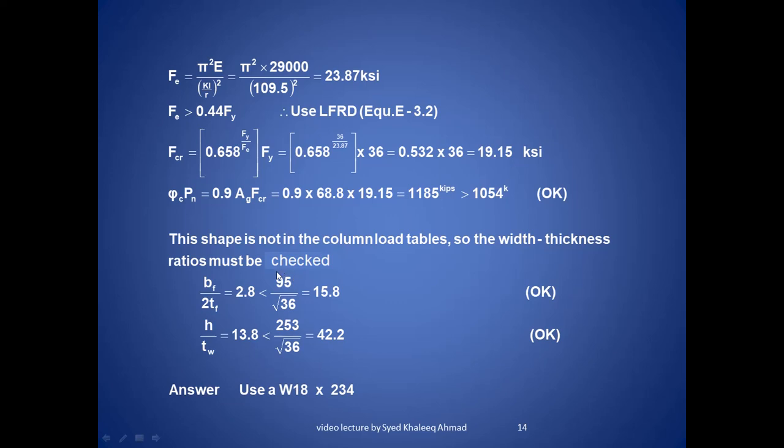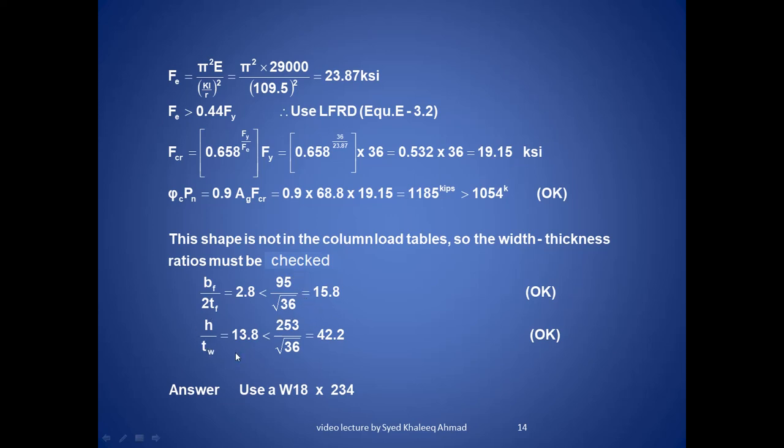This is the criteria. As you have seen in the previous lecture, we discussed the criteria for stability. So bf upon 2tf, we calculate the value, and then we found that this value is less than this number, 95 upon square root of 36.